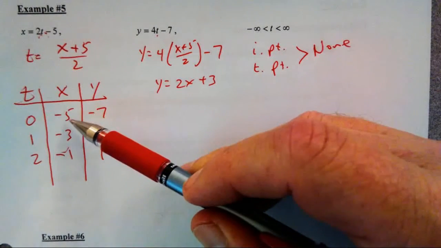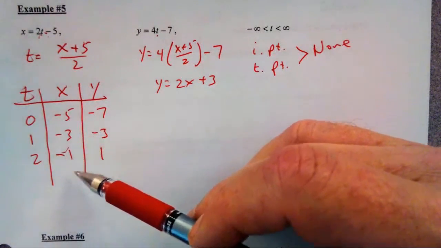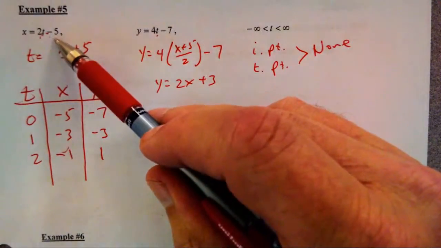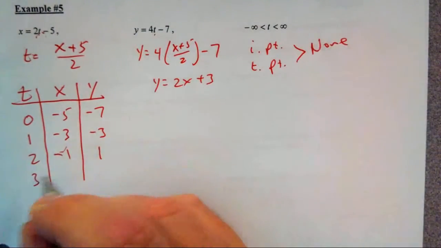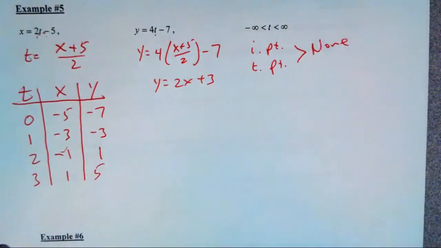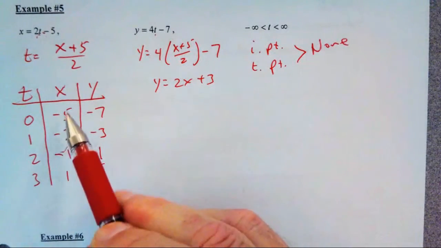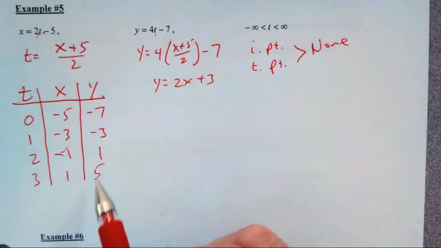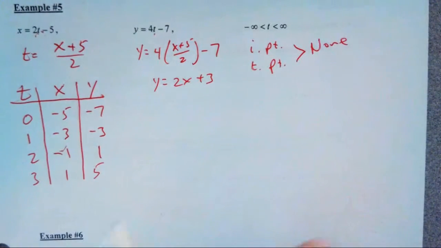I notice something: I'm going up 2, up 2. Do I expect it to continue? Sure, that's linear, slope 2. At 3, x is 1, and at 4, x is 3, y is 5. If the x's are changing at the same rate all the time and the y's are changing at the same rate all the time, my graph is going to be a line.